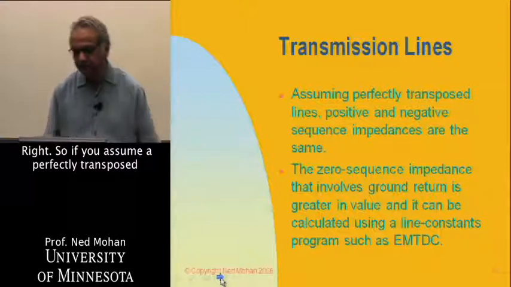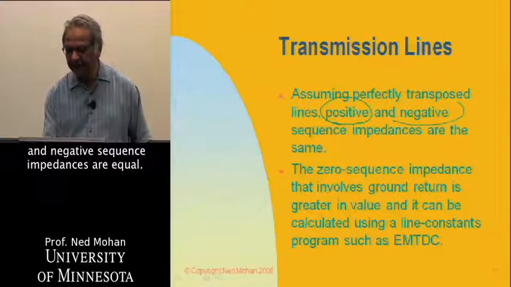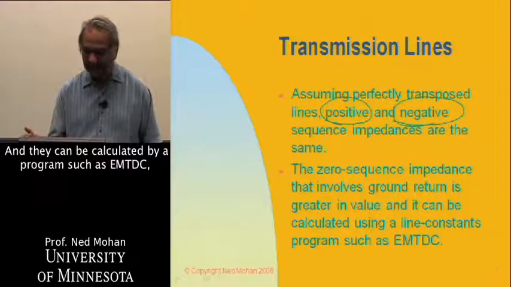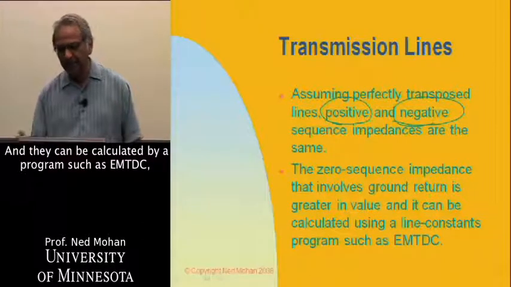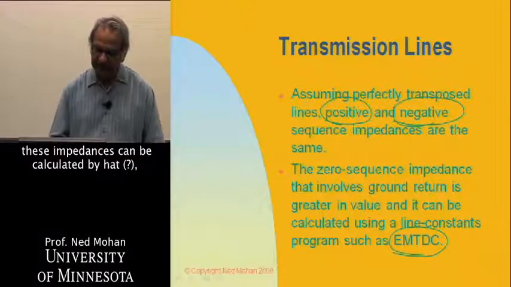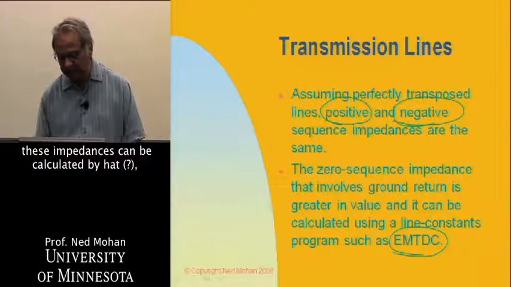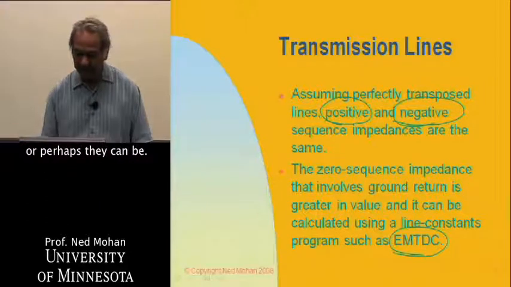If you assume a perfectly transposed transmission line, then the positive and negative sequence impedances are equal. And they can be calculated by a program such as EMTDC. These impedances can be calculated. Perhaps they can be calculated by hand. Not perhaps, they can be.